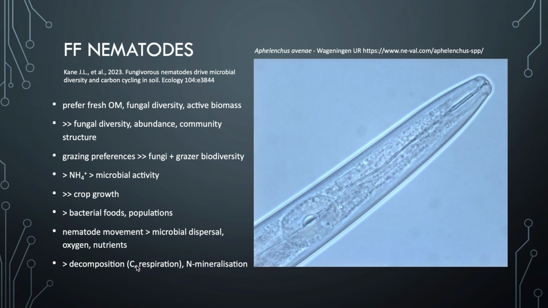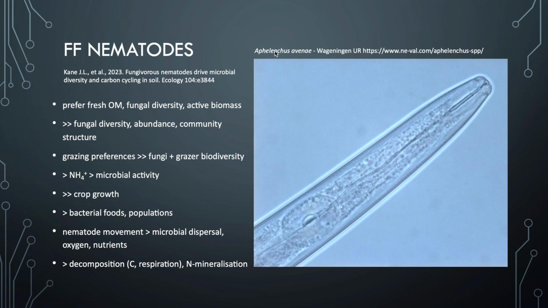So they actually have a large effect on the soil ecosystem through their grazing behavior and interaction with the different components, both microbial as well as physical components of that ecosystem within which they reside.